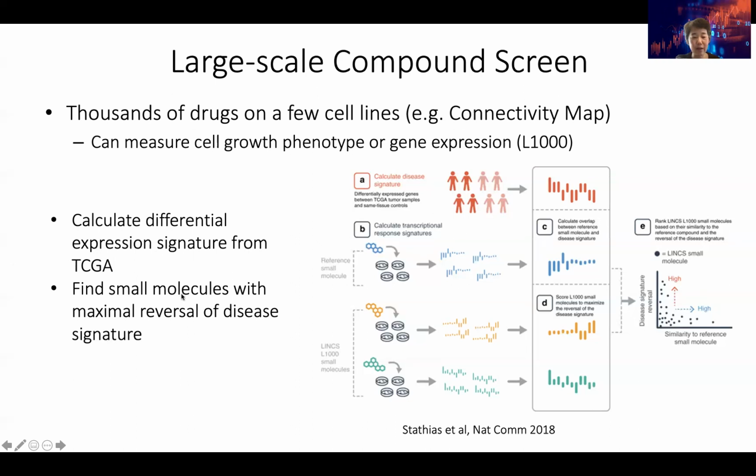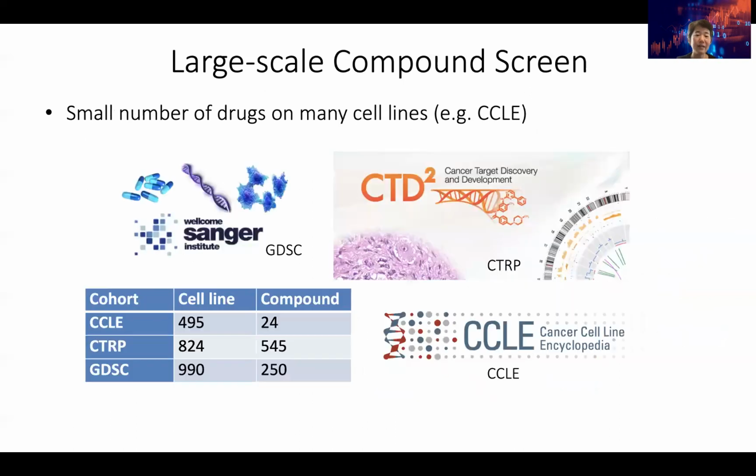So basically you find a small molecule that can have a maximal reversal of that disease signature, meaning that if you have this type of cancer patient, if they are treated with this small molecule, those genes will now be downregulated and potentially be used as a cancer drug. And so you can see here, using these cancer cell lines and these marker genes, you can really identify a new drug for a disease, right?